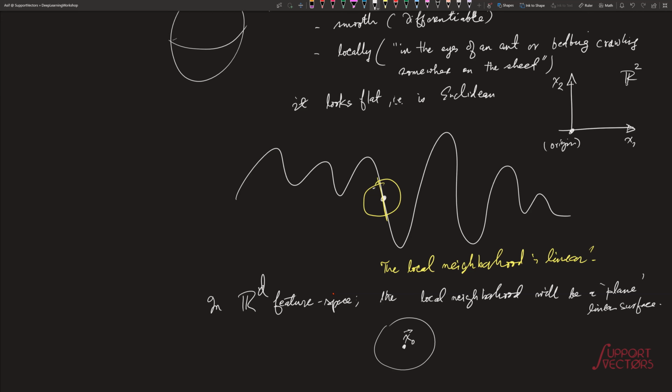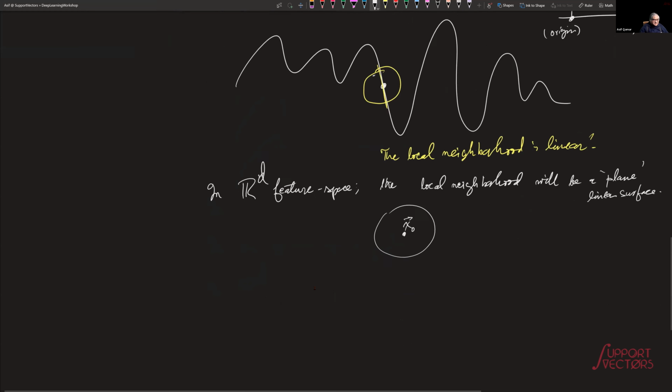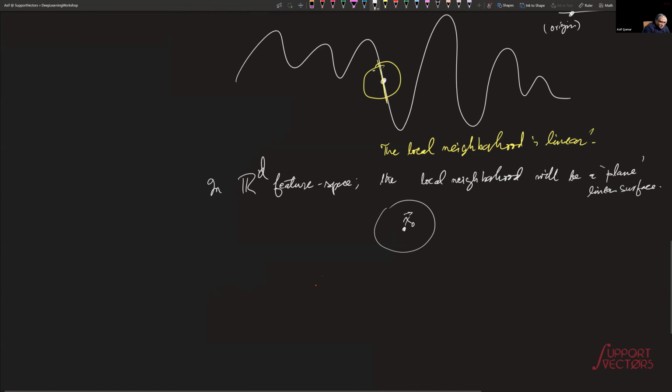Now, if that is true, let me ask this question. Suppose it is a problem of regression. What is y of x in relationship to y of x0, if you know this, and you take some arbitrary point x in the neighborhood of x0?